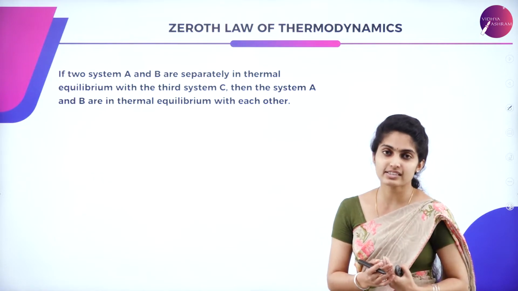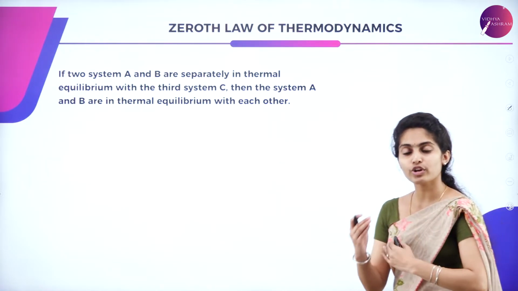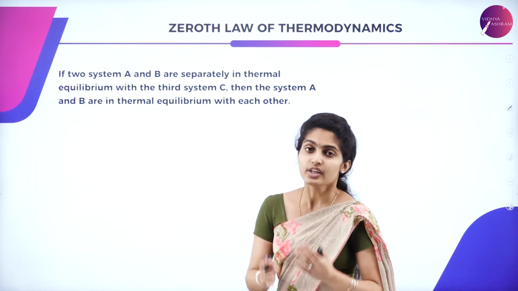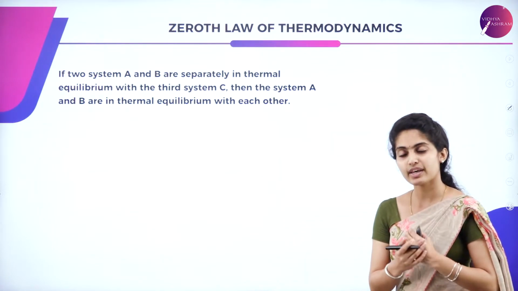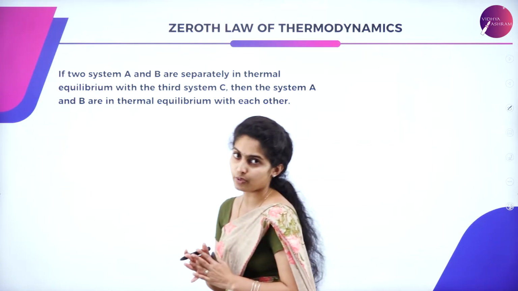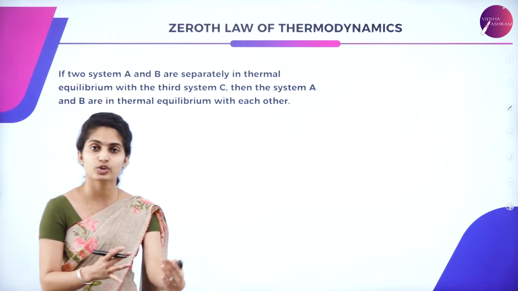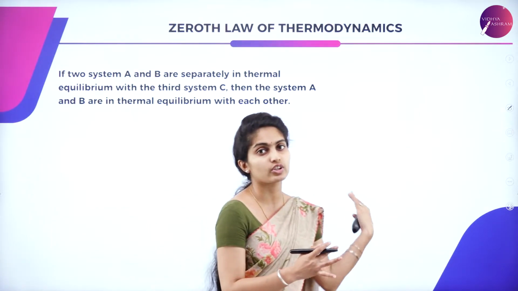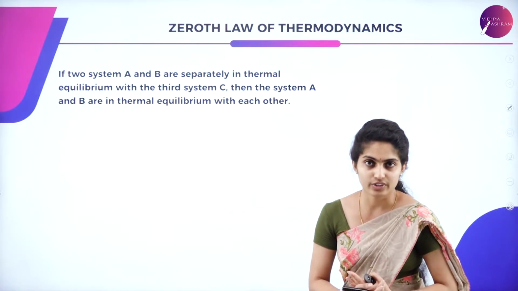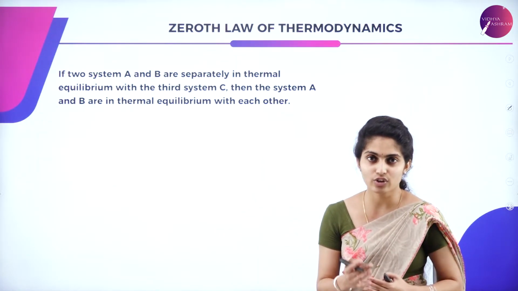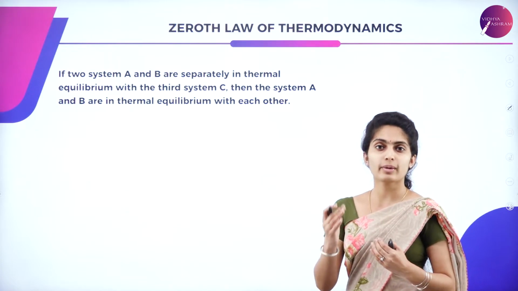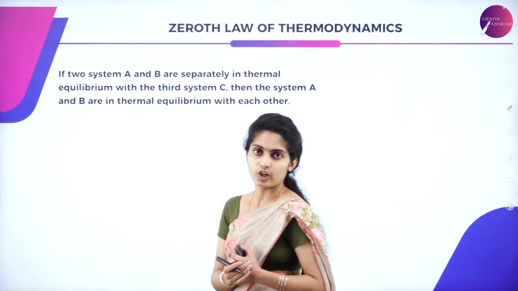Those laws are studied by us, and a few of them are modified even now. Here in thermodynamics, we have got 4 laws, which we will study step by step: zeroth law, first law, second law, third law, in order. When we study this in order, we will get to know much more about the thermodynamic laws.